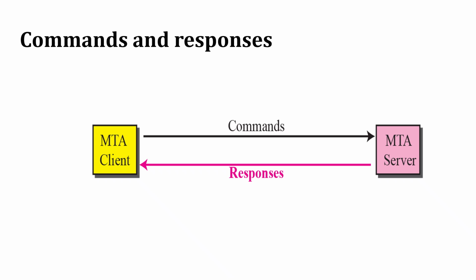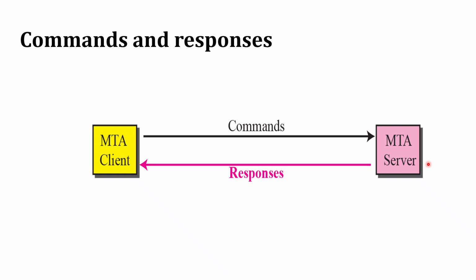Communication in SMTP is based on a simple exchange of commands and responses. The MTA client sends a command to a MTA server indicating actions like sending a message, specifying the sender, or defining the receiver.